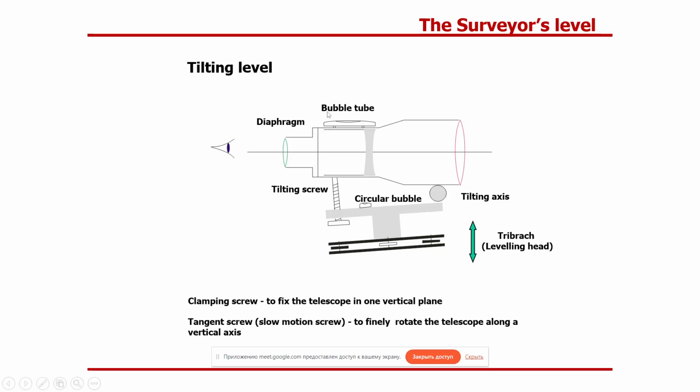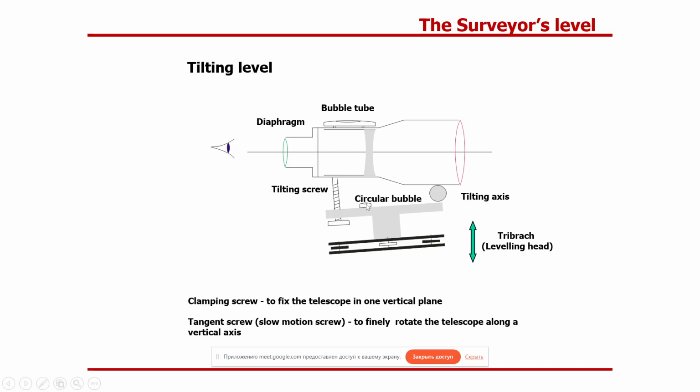We use a bubble tube to make this line of sight truly horizontal. We also use a clamping screw to fix the telescope in one vertical plane, and a tangent screw to finally rotate the telescope along a vertical axis.